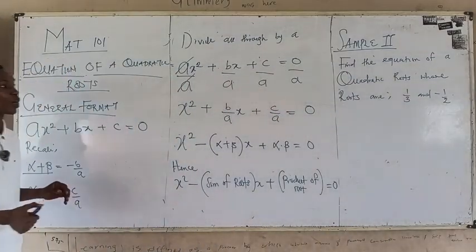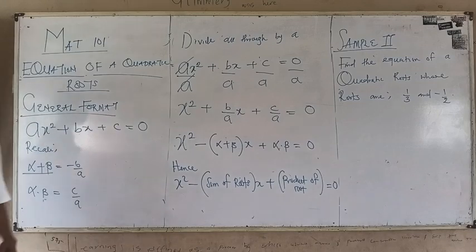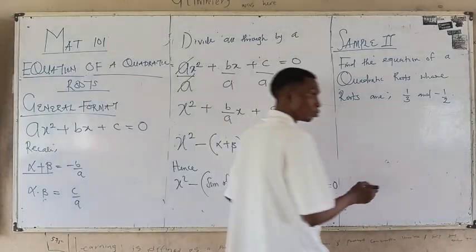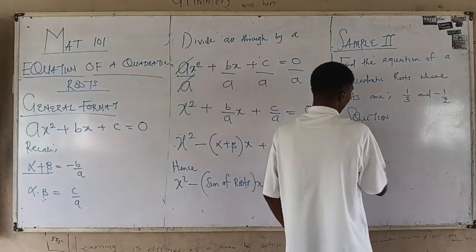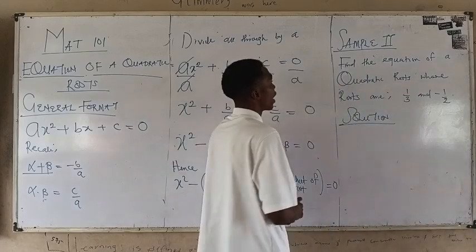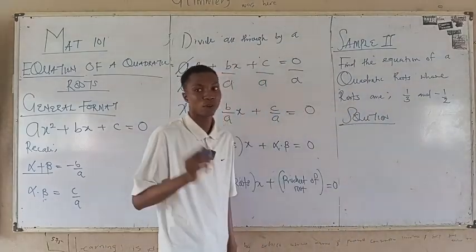Find the equation of a quadratic root whose roots are 1 over 3 and minus 1 over 2. So let's solve this. Solution. Now in this question, it says find the equation of a quadratic root whose roots are 1 over 3 and minus 1 over 2.